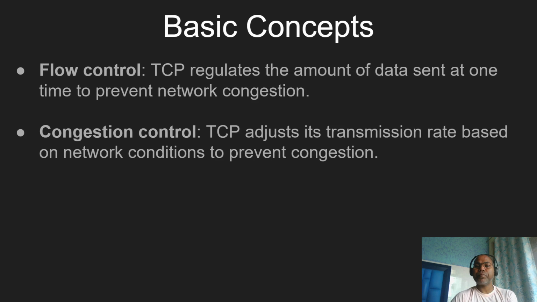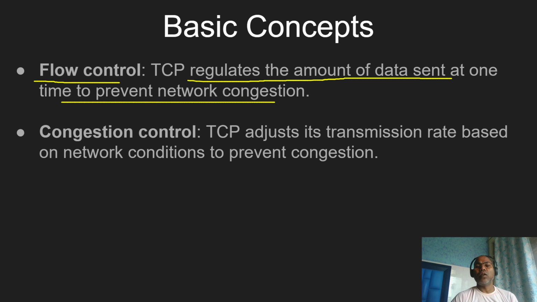TCP also ensures flow control, meaning TCP regulates the amount of data sent at a time to prevent network congestion. Network congestion means the sender might be sending data too fast and the receiver is not able to receive and process it as quickly. The sender sends lots of data, the receiver cannot process it, and so lots of bytes pile up in the network.